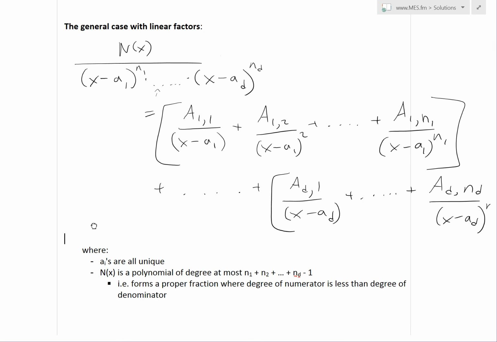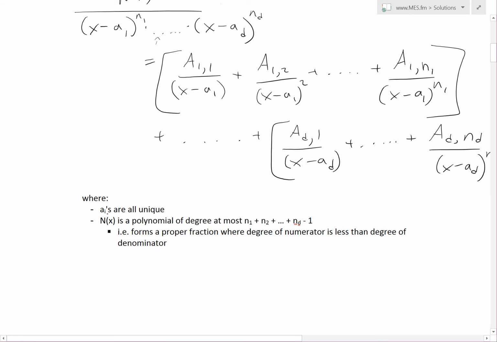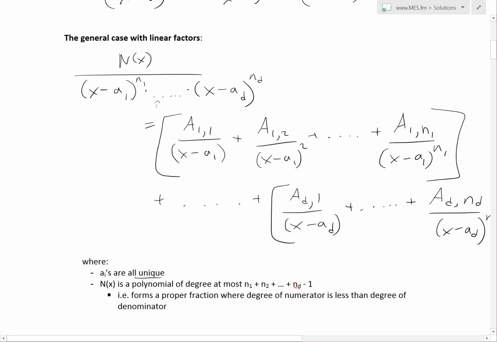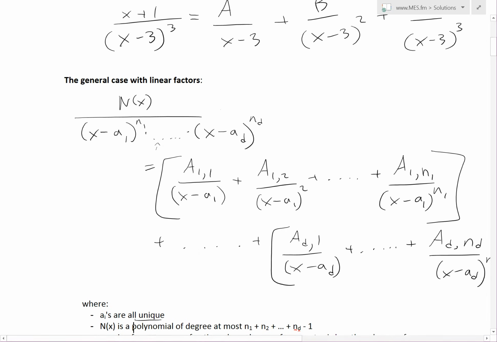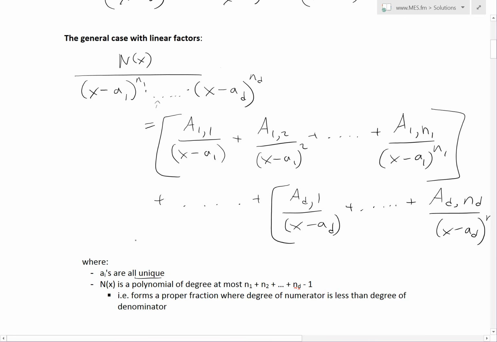So now in this general case, the a's are all unique, so they don't repeat themselves. For example, since this is a1, you don't have this ad as a1 as well, you would just combine it with this.